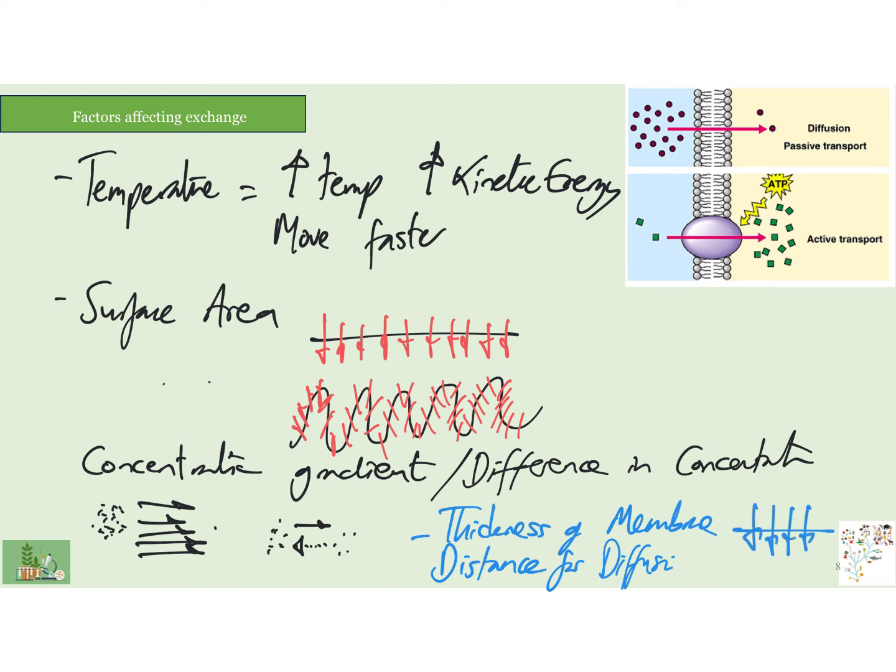Not that I'm encouraging anybody to climb over anybody's gardens. However, if there were lots and lots of fences, it's going to take you a lot longer to get into that garden, which means the greater the distance for diffusion, or the greater the thickness of the membrane, the longer the time it's going to take. So a thin membrane means a faster rate of diffusion.